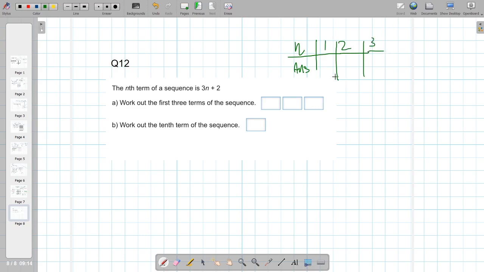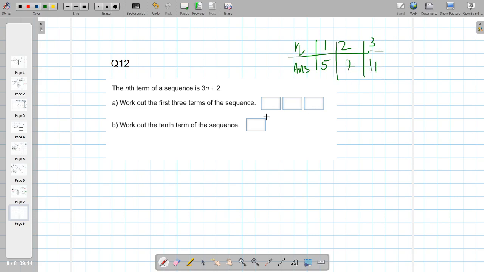If you substitute n with 1, you get 3 times 1 plus 2, which is 5. Then for 2, you get 3 times 2 plus 2, which is 7. 3 times 3, 9, plus 2, which is 11.